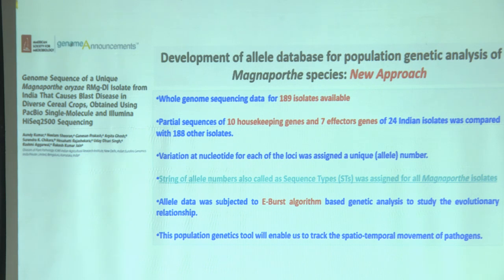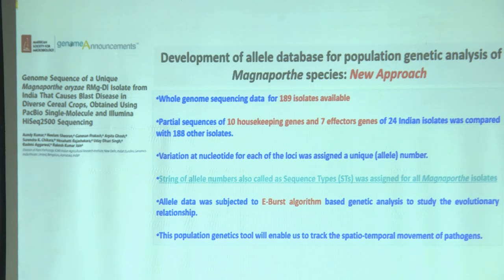We generated the whole genome sequence data. All right. Now, when we analyze the database, we could find around 189 isolates, which is already whole genome sequenced. You understand? So, you have a population already. 189 whole genome of Magnaporthe is already there.